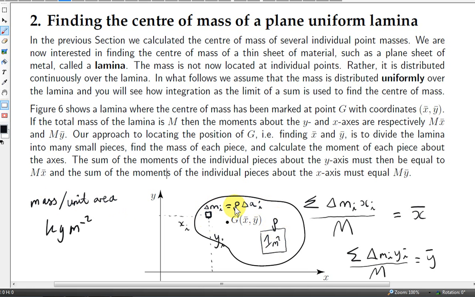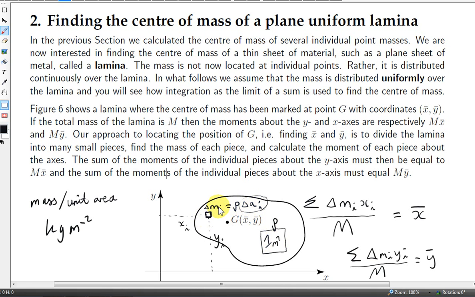So if we know rho, which is the mass of 1 square meter, well, if we multiply that by the area in square meters, we will get the mass of that element. Of course, delta Ai will be some very tiny area element. It will be much smaller than 1 square meter, that's for sure.